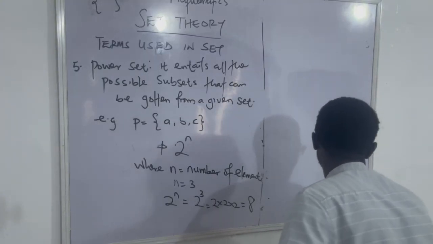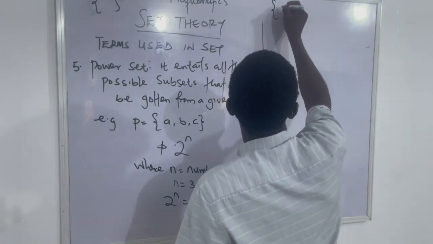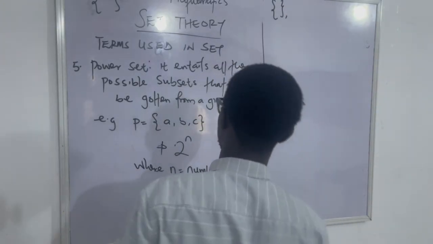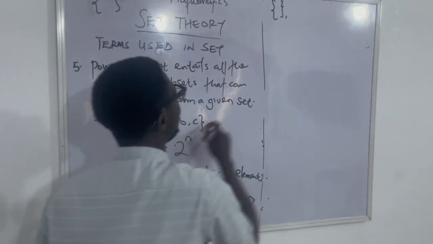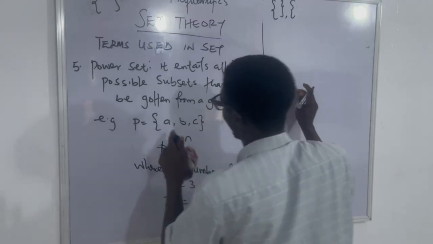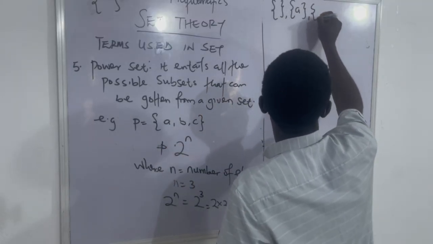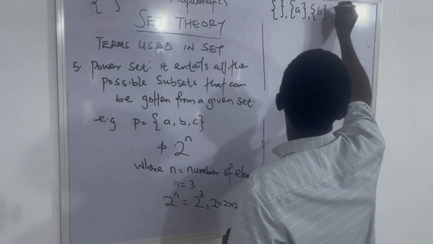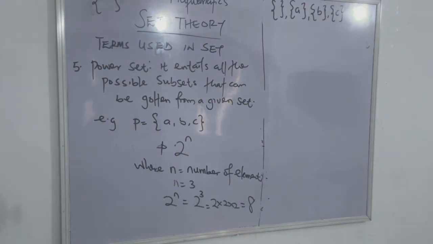First thing first, the first possible subset is the empty set. That's when there's nothing in set P. So the second one, we can singly fill them. So set A, set B, set C. Are we together?